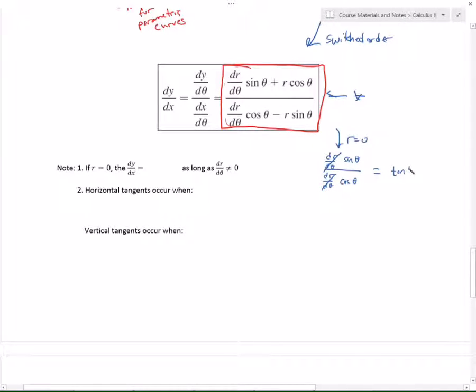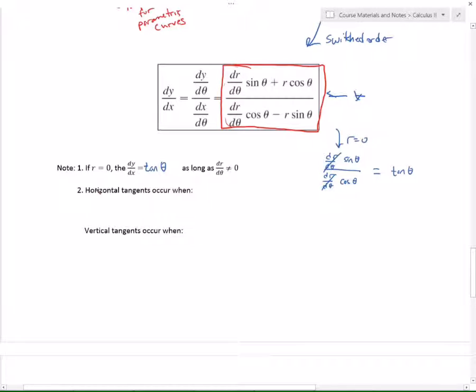Tangent of theta. As long as dr/d theta is not 0. That's an important point to make because I can't cancel if I've got 0 over 0.